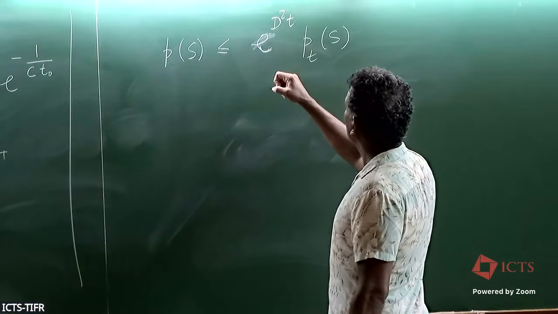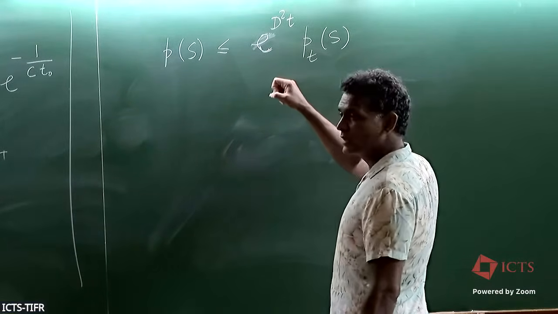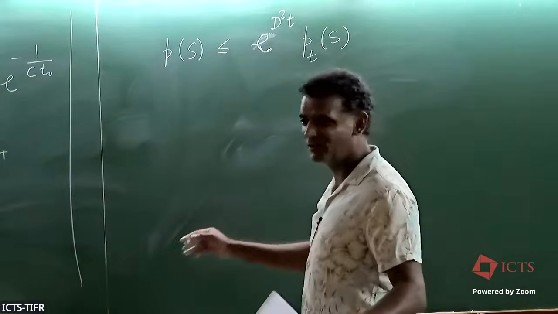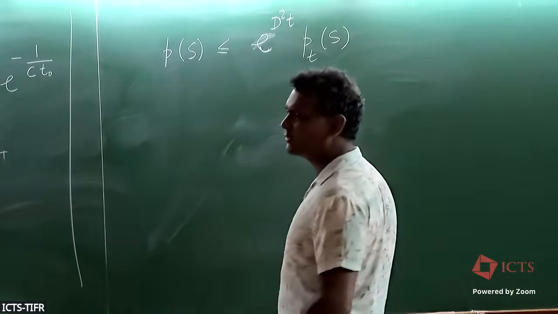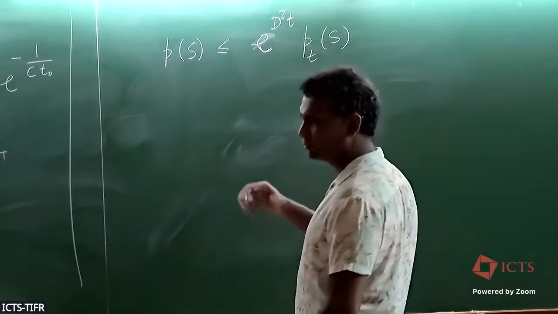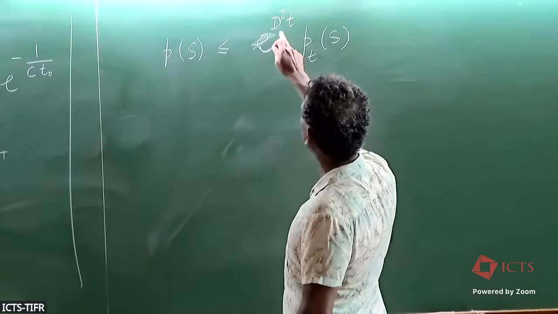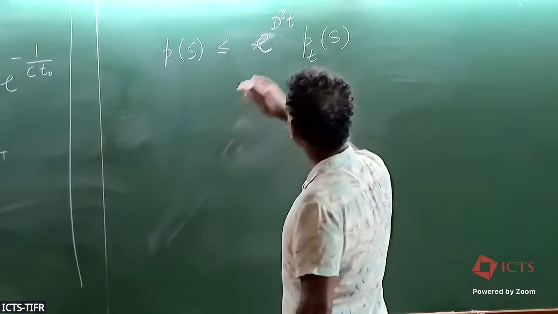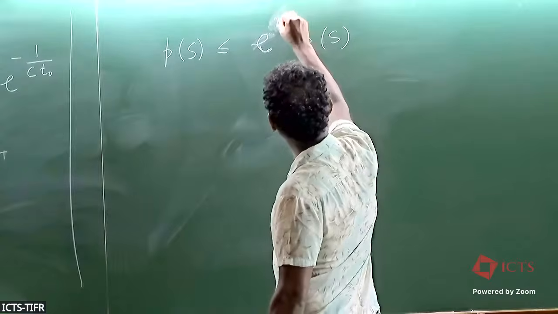It's the diameter of the whole support. And if you start with an isotropic distribution, we can assume that the diameter is order root n. So this effectively becomes e to the nt.